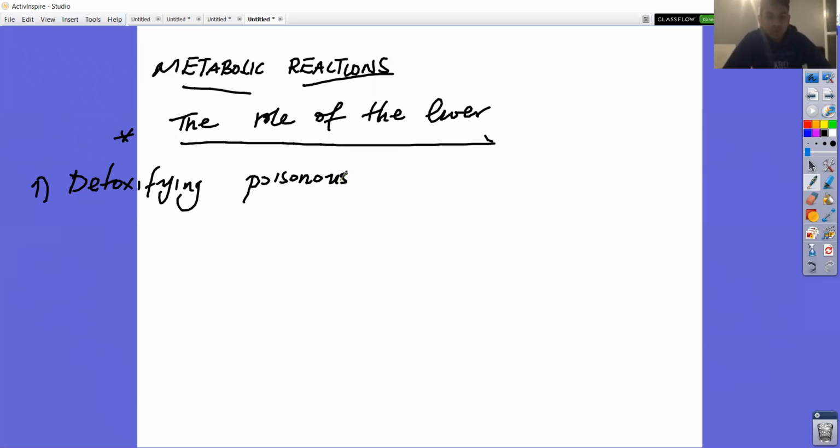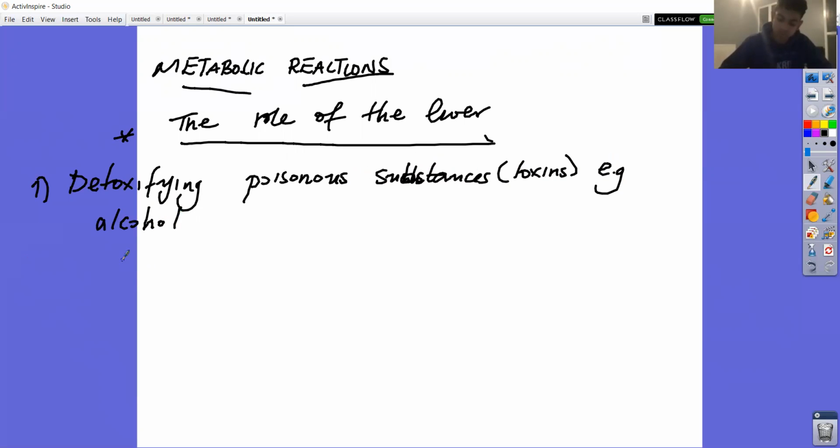What's the other word for poisonous substances? Maybe toxins. Correct. Nice and easy. So you can use the word toxins. And you gave an example, e.g. alcohol.